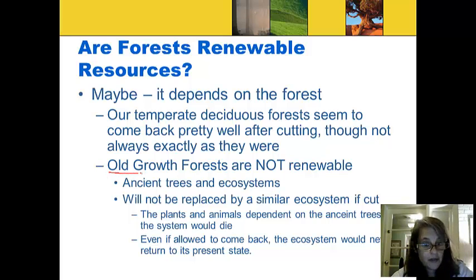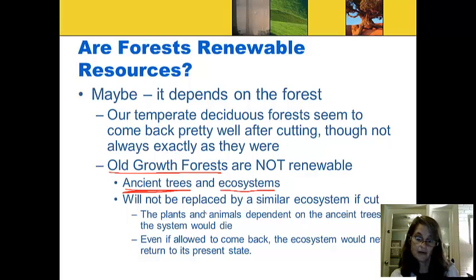Old growth forests, found still in the Pacific Northwest and so on, are made up of truly ancient trees and ancient ecosystems. And if you go in and cut that down, it's not going to be replaced by a similar ecosystem. The succession of those ecosystems has gone on for thousands of years.